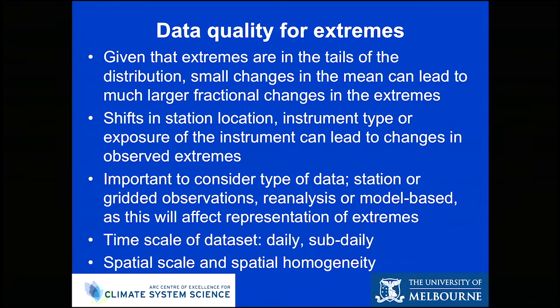Extreme 1 hour rainfall has a spatial length scale typically of 10 kilometres or less. If it's mainly associated with frontal or larger scale weather systems, it could be larger, but often convective extreme rainfall is associated with length scales of 10 kilometres or less. So for extremes, it's really important to think about the time scale, whether you're looking at sub-daily or daily, or whether you're actually talking about extremes on a monthly or seasonal time scale, as well as the spatial scale and the spatial homogeneity. And I talked about some of that last time.